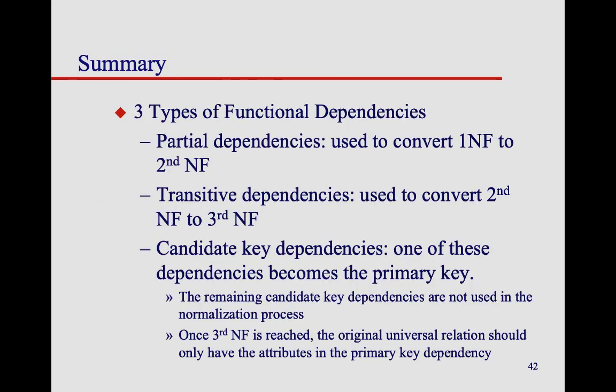So, as a summary, we use partial dependencies to convert first normal form to second normal form. We use transitive dependencies to convert second normal form to third normal form, and there is a third type of dependency, so-called candidate key dependencies, and they are not used in the normalization process.